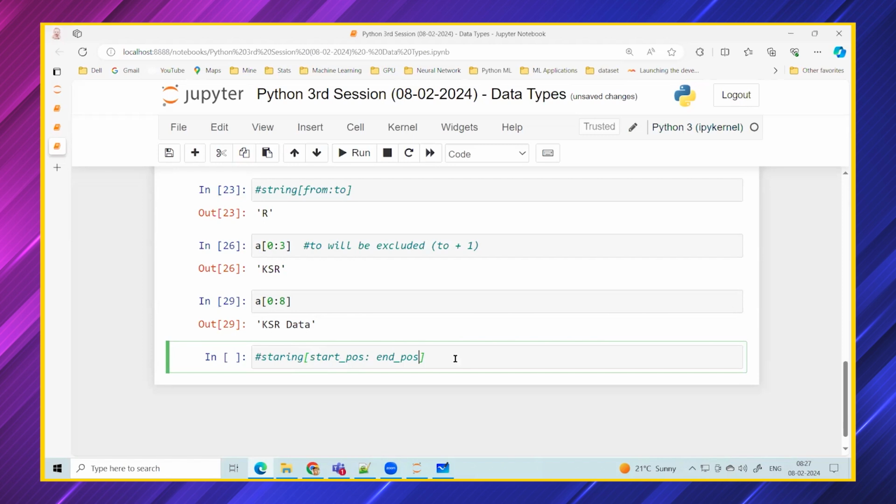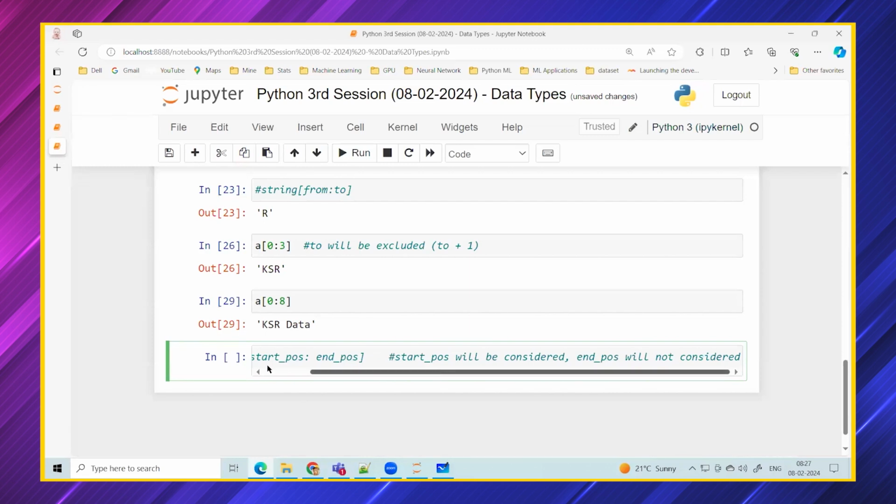POS stands for position. Okay. Now when I access this, your start position will be considered, whereas the end position will not be considered.